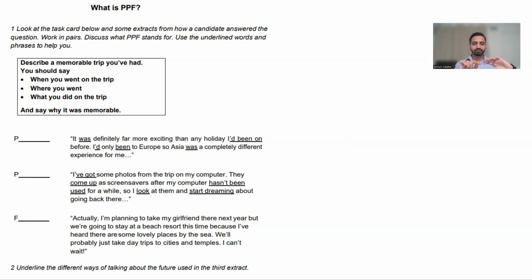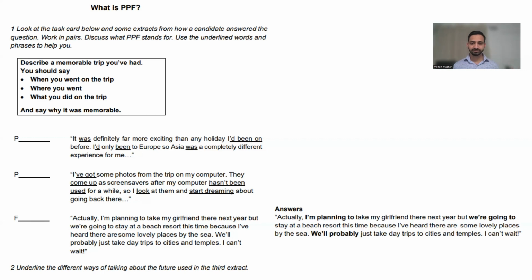All of the words like 'got', 'hasn't been', 'come up', 'used', 'start dreaming', these are representing the present. Underline the phrases and words that you think are representing the future, okay? Do this activity on your own, pause the video here, and when you come back, we will review the answers.